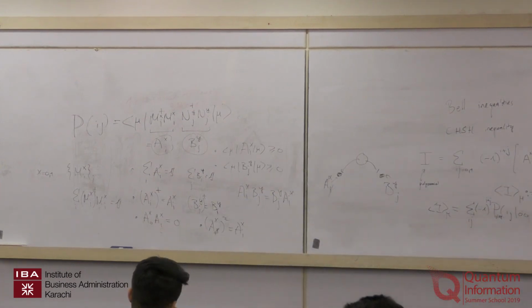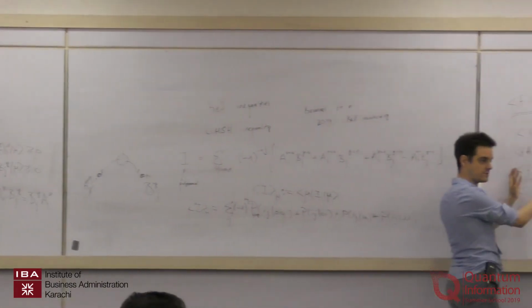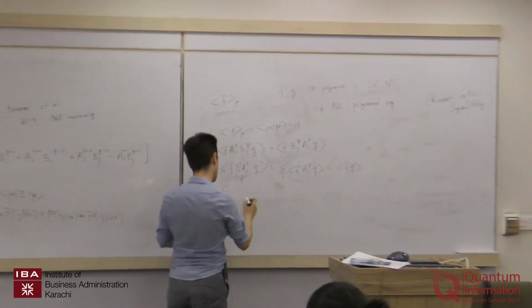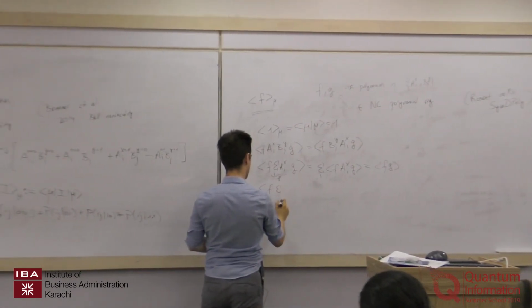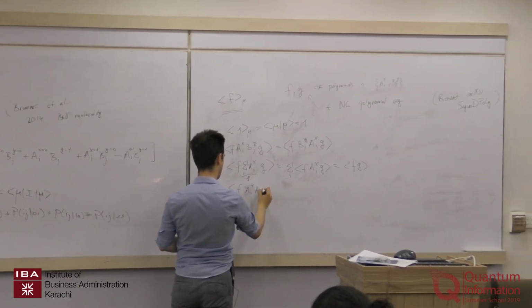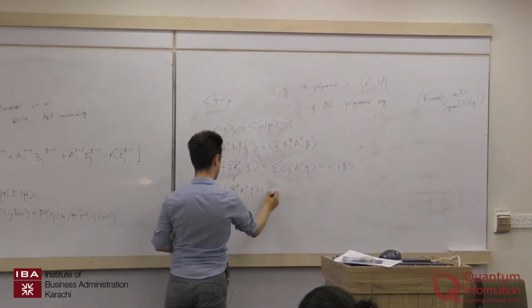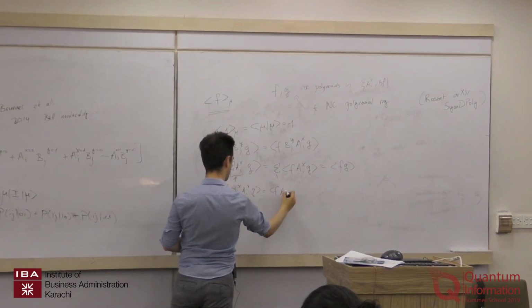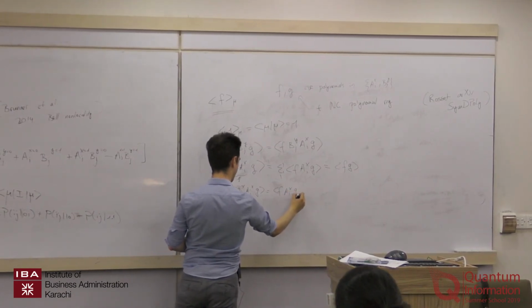So I enumerate those additional things. Here I do them for the first subsystem A, but the similar thing will work also for the subsystem B. So if I have AIX, AIX, I can just replace everything by just one copy of AI.